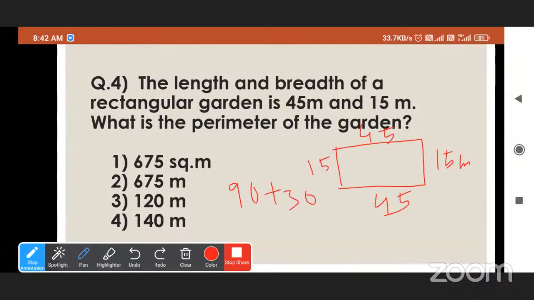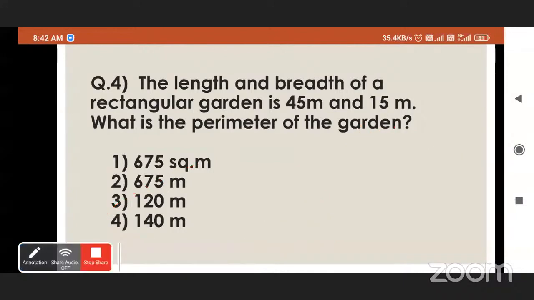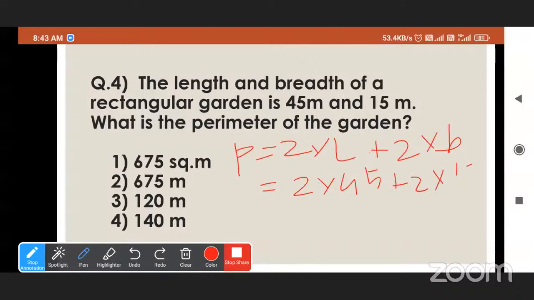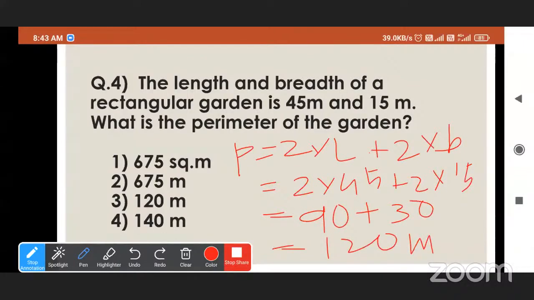So 90 plus 30 is 120 meter. Okay, very good. Third one is right option. We can easily apply the formula 2 into L plus 2 into B. Here length given is 45 and breadth given is 15. So this is 90 plus 30. That is 120 meter. Very good.